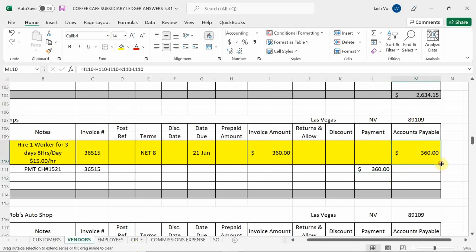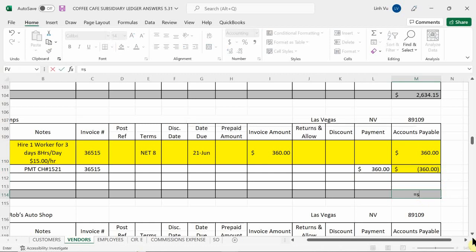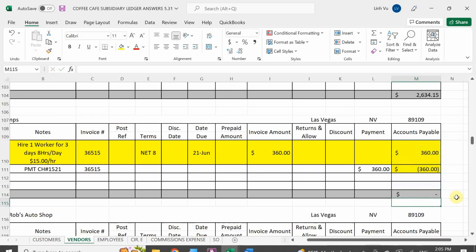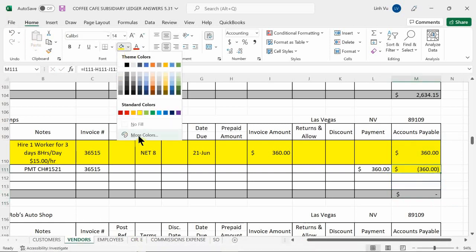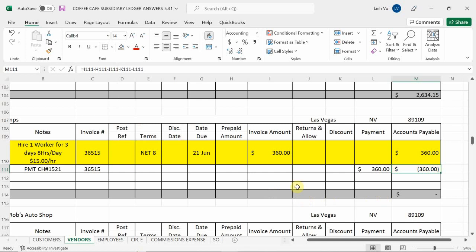So the balance is now 0. Yeah, so if you had your equal sum in here, you would have 0. Okay.